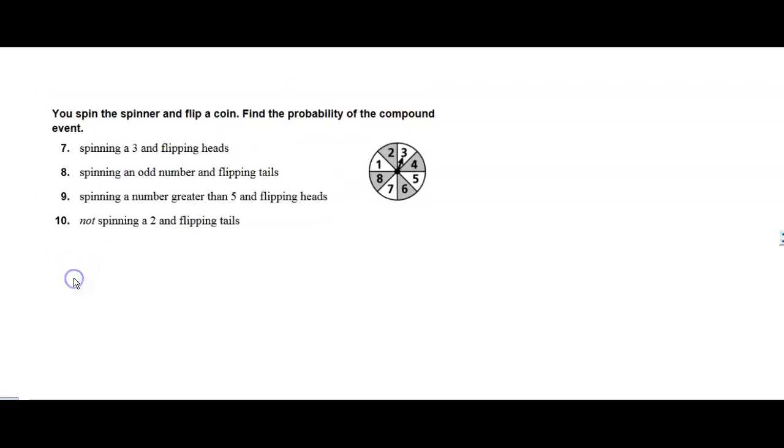In this situation, we have a spinner and we're flipping a coin. And it's asking us to find the probability of each compound event. Number 7 says spinning a 3 and flipping heads. That's our desired probability. You might also see the question looking a little bit like this.